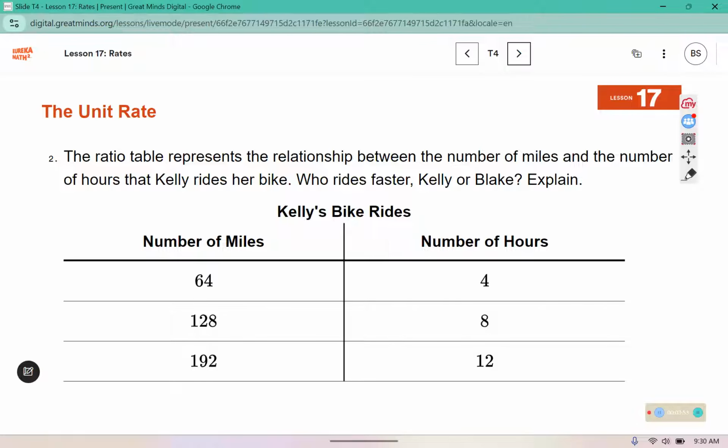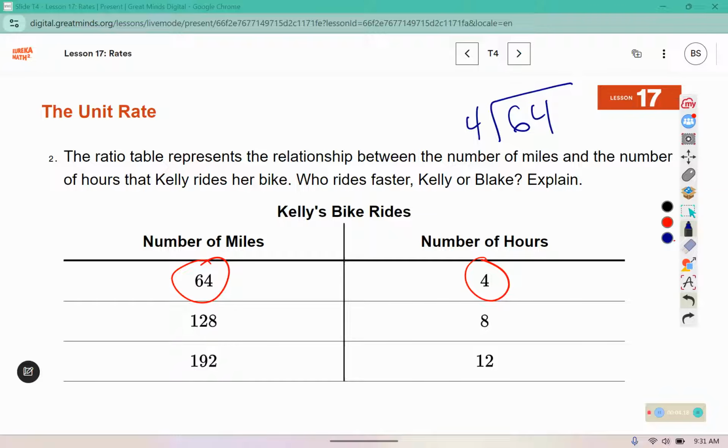The ratio table represents the relationship between the number of miles and the number of hours that Kelly rides her bike. Who rides faster, Kelly or Blake? Well, I see that Kelly can go 64 miles in 4 hours. So to find the unit rate, we can divide. 64 divided by 4. 4 can go into 6 one time. 6 minus 4 is 2.